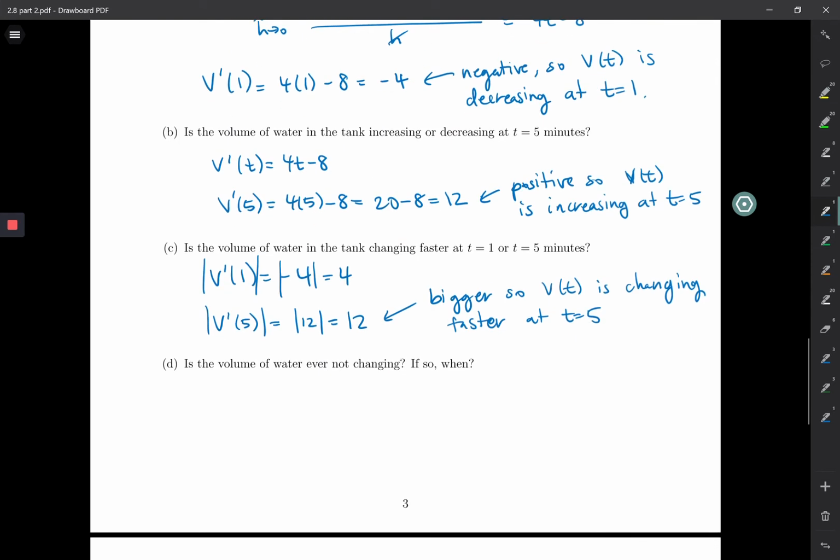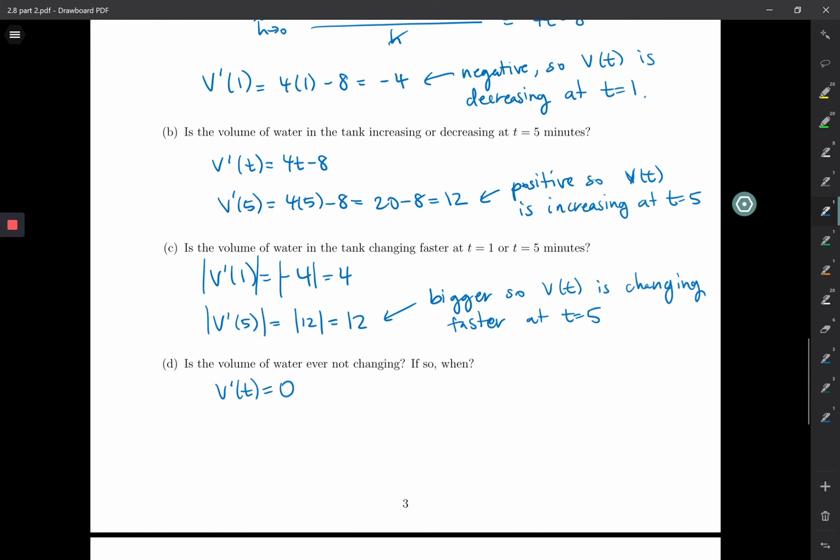Now this asks, is the volume of water ever not changing? If so, when? We say that the volume is not changing if v prime of t is equal to 0. If that were to happen, the derivative is equal to 0, and the derivative tells us how fast the volume is changing, so 0 means it's not changing.